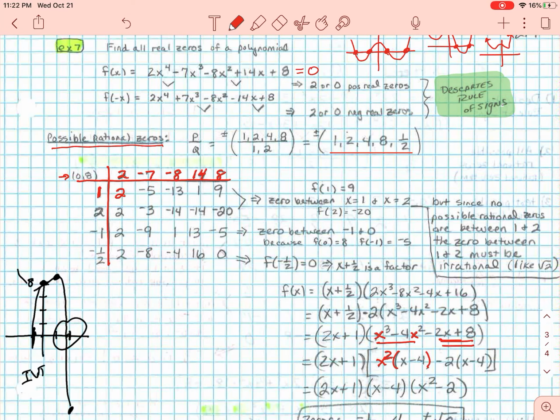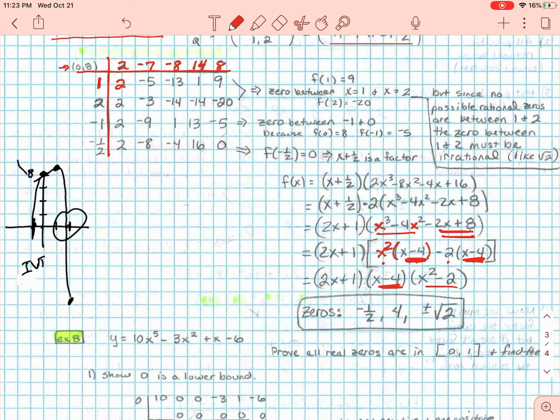And then we can factor a -2 out of the last 2 terms, and you're left with x minus 4 again. And as long as you get the same thing in the parentheses, you're going to be able to factor it, because that's like the same number both places. So you can factor out x minus 4, treating it like a single number. So it then becomes x minus 4 times the x squared minus 2.